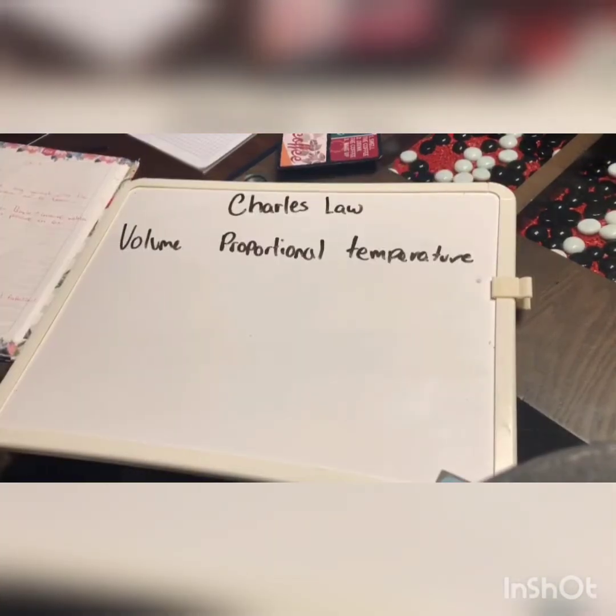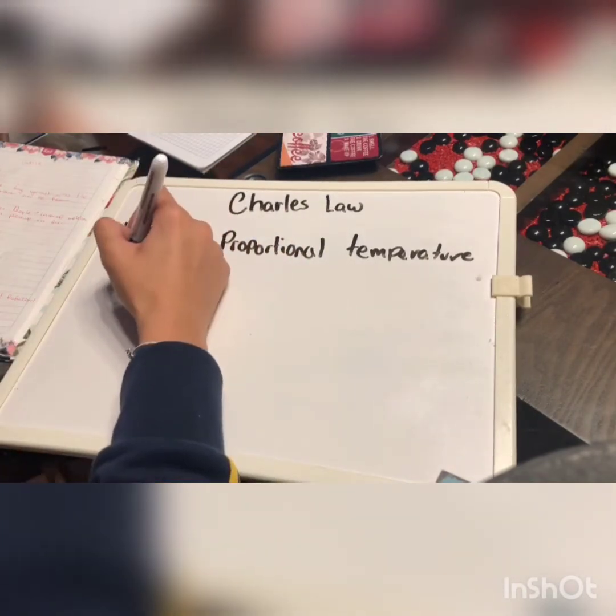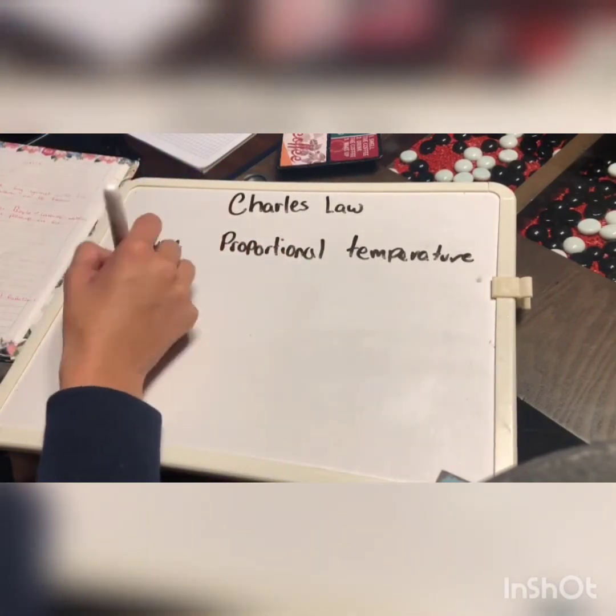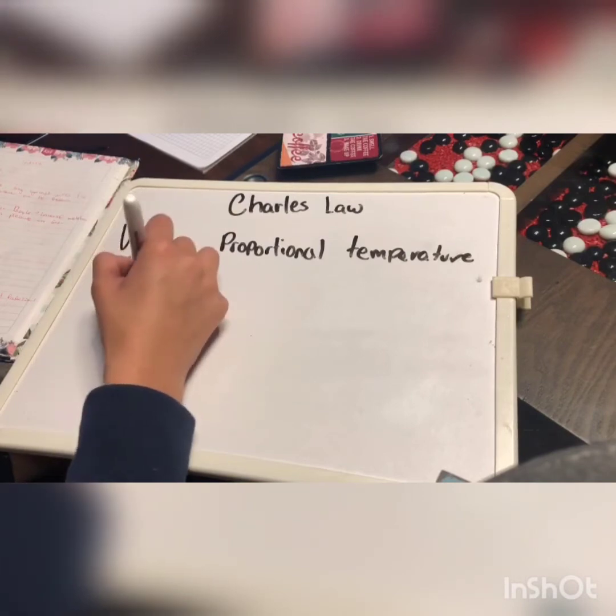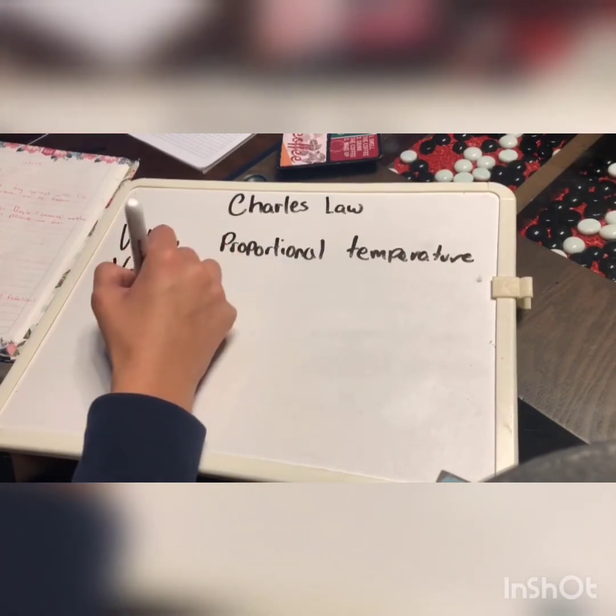So now Charles's law, it's really similar to Boyle's law, but it says that the volume of a gas is directly proportional to the absolute temperature. The equation that we use with this law is V1 over T1 equals V2 over T2.